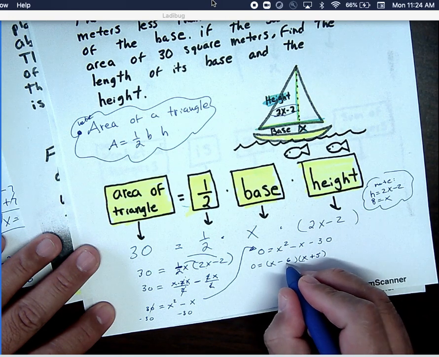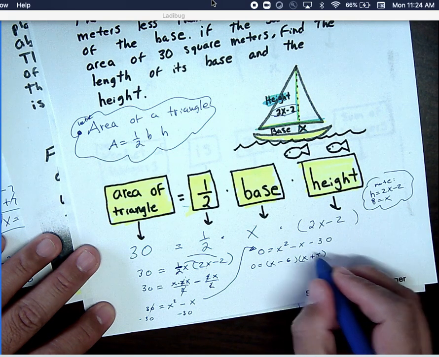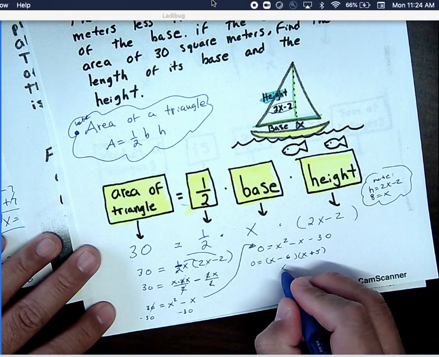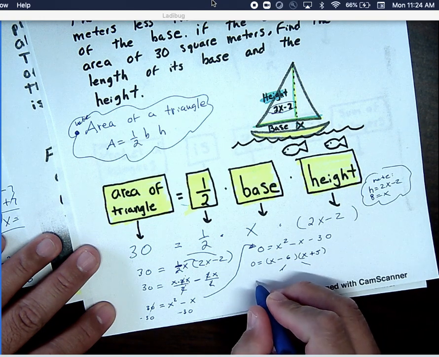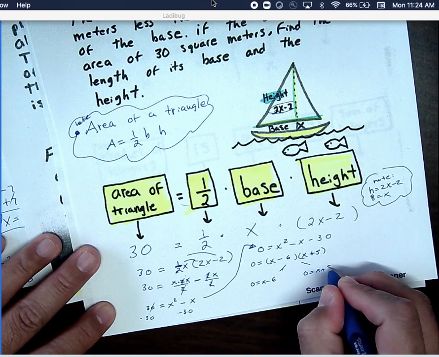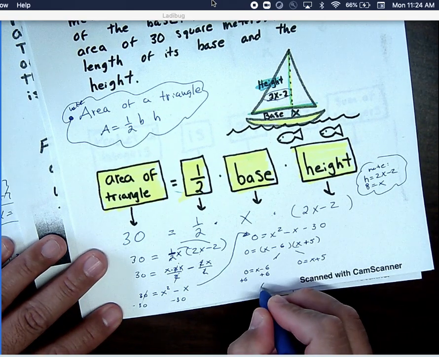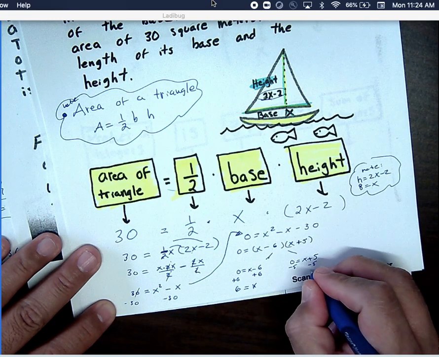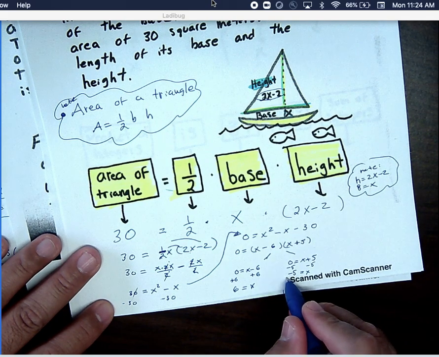Negative 6 times positive 5 gives me negative 30, and negative 6 plus 5 gives me negative 1. Those are the factors. Now set up the equations to find the x's. 0 equals x minus 6, and 0 equals x plus 5. So x can be 6, or x can equal negative 5. Those are our two possible answers.